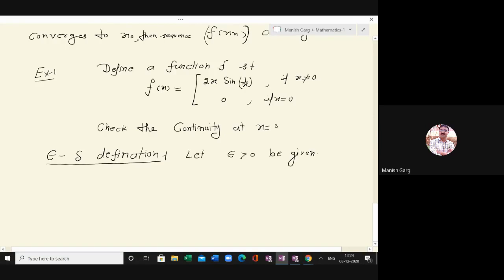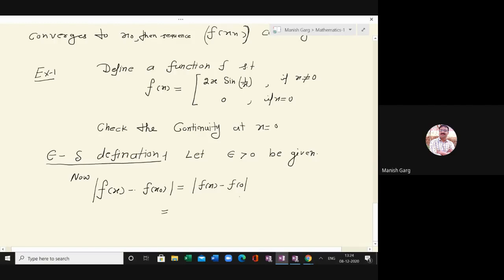Now what you have to prove, if you see the definition, is mod f x minus f 0 is less than epsilon whenever mod x minus x0 is less than delta. For each epsilon there must exist a delta. So what we do, first find f x minus f x0. Here x0 is 0.